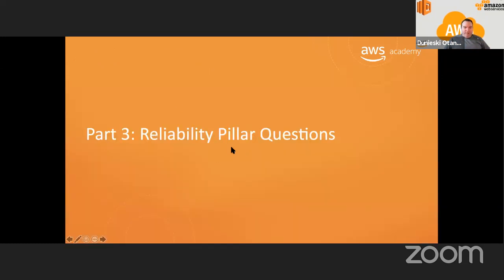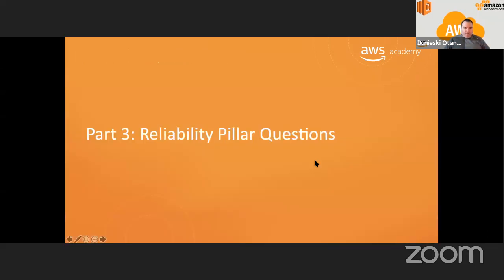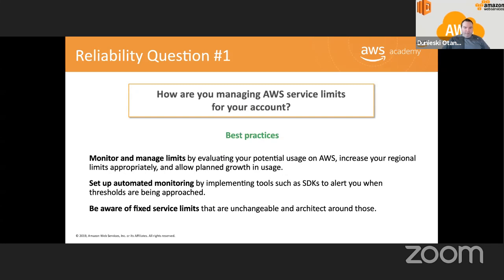So reliability questions. How are you managing AWS service limits for your account? You're going to monitor and manage limits by evaluating your potential usage on AWS. Guys, what do you do when you reach the limits? Well, first thing before you do anything, you have to know if your limit is hard or soft, right?